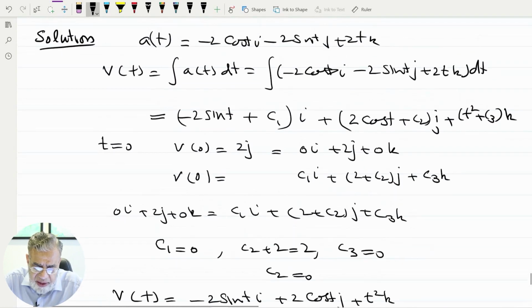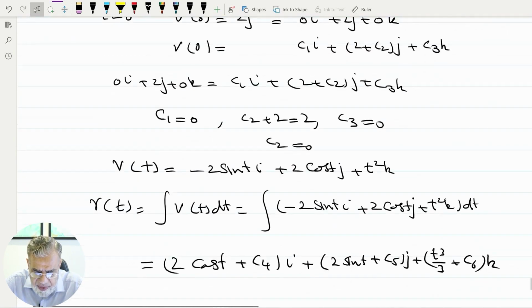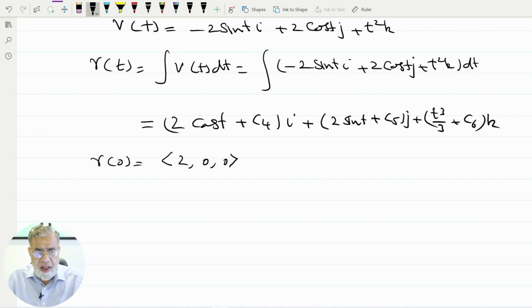We are given in the question that it starts from the point (2, 0, 0). That is the initial value of r of t. So we say r0, at t equal to 0, is the vector (2, 0, 0), the position vector, with the components of the point as a vector. So what is my r of 0?